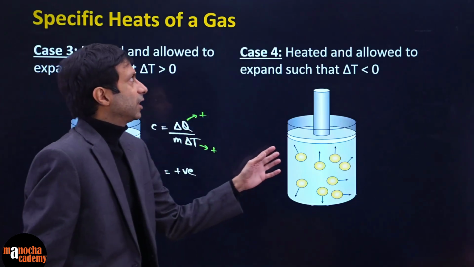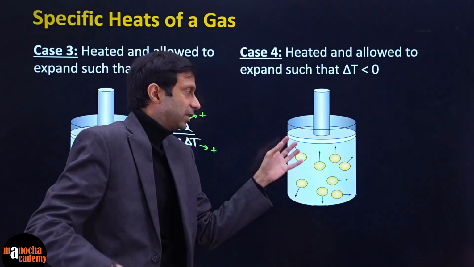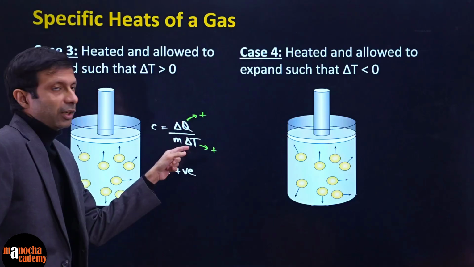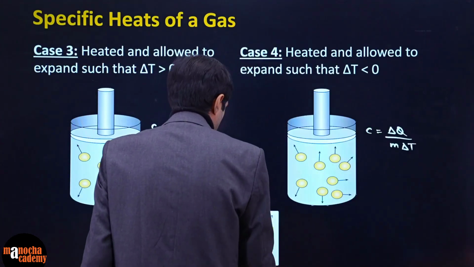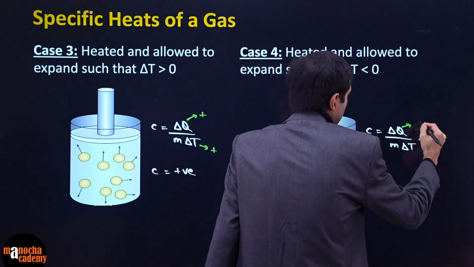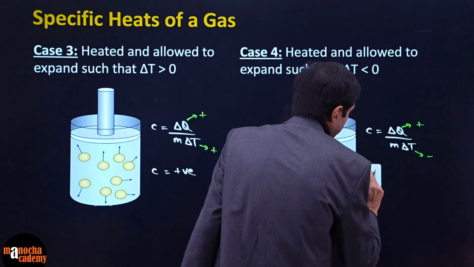But suppose you let it expand in such a way that the gas actually starts cooling. Maybe the expansion is fast and it starts cooling. Then the denominator will be negative. So in this case, your delta Q is positive, but delta T is negative, so our C is negative.